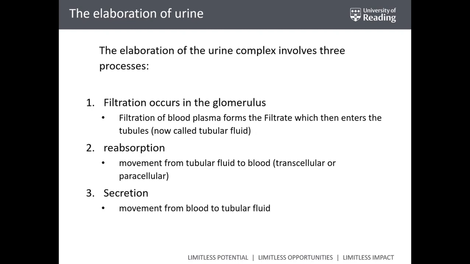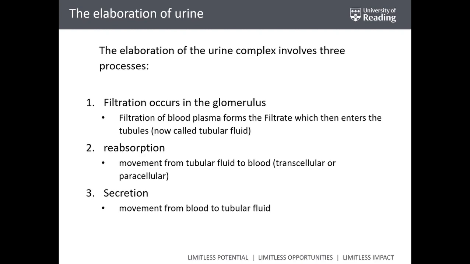So I've already kind of mentioned how in the Bowman's capsule and in the glomerulus the process of filtration occurs. Now, filtration is only one of the three processes that occur in the nephron. Filtration occurs in the glomerulus, and is basically the filtration of the plasma of the blood, which enters the tubules.